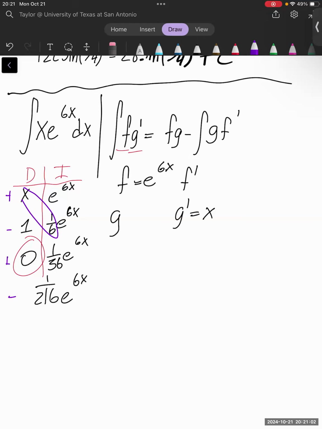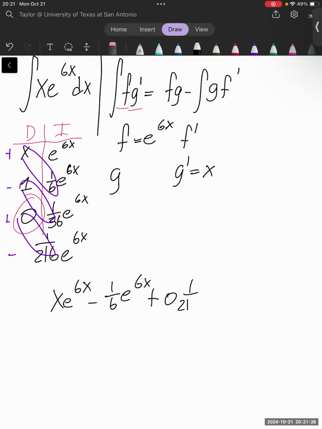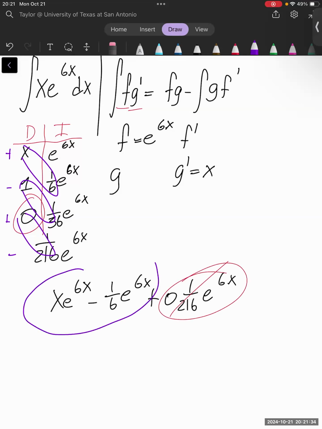These two functions minus these two functions plus these two functions, and you'll see that gives us x e to the 6x minus 1 over 6 e to the 6x plus 0 times 1 over 36 e to the 6x. This cancels, and this is our final answer.